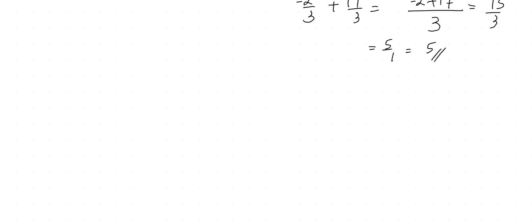Then suppose there's a question like minus 4 by 5. What is its additive inverse? Its additive inverse will be plus 4 by 5. Just like when you multiply any number with its multiplicative inverse, what is the product? 1, isn't it?